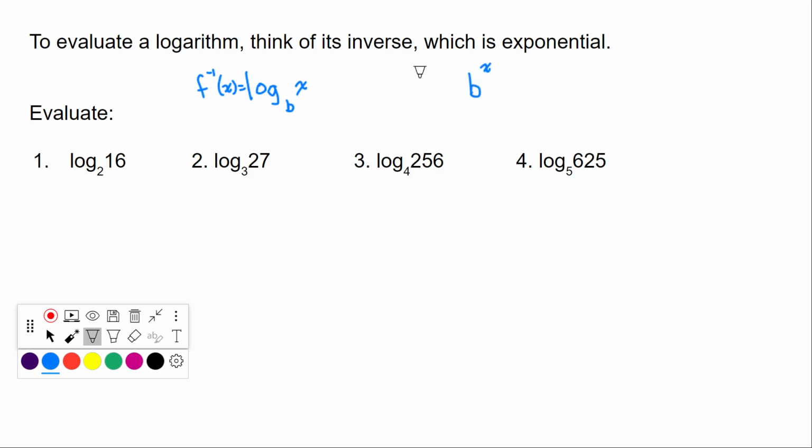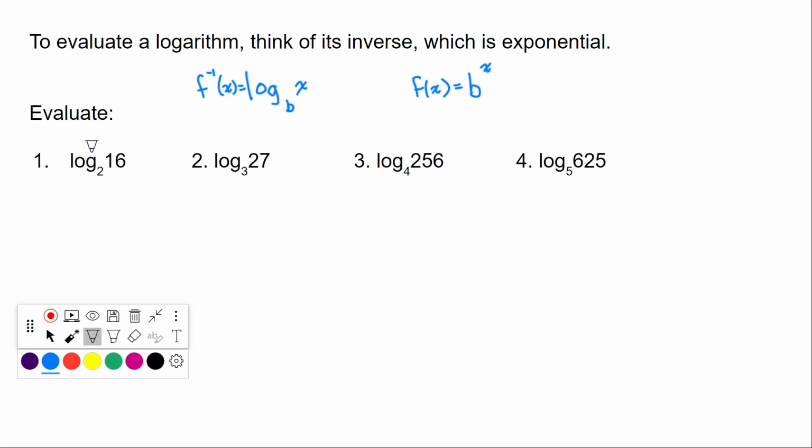Now keep in mind that the inputs and outputs switch places, so the value of x in the exponential function is different than the value of x in the logarithmic function. In the logarithmic function, the 16 would be considered the output of the exponential.